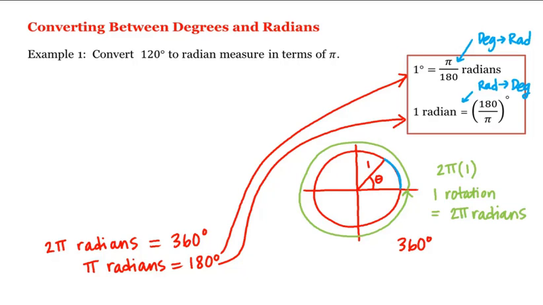So here we're asked to convert from degrees to radians, so we'll be using this first conversion here. That is, 120 degrees is equal to 120 times the radian measure of 1 degree, which is pi divided by 180 radians.